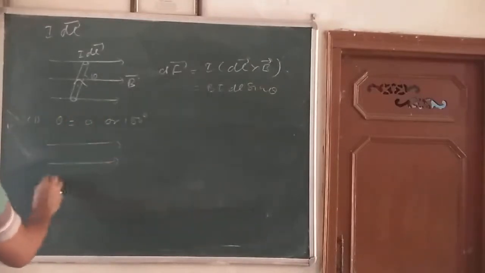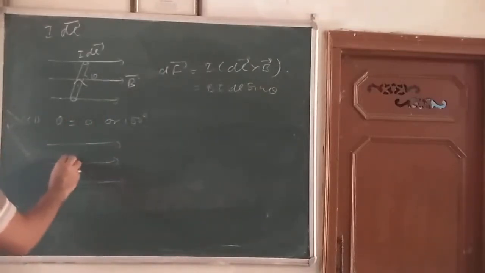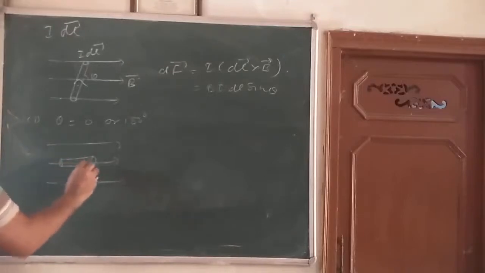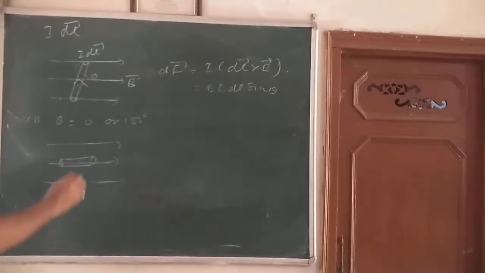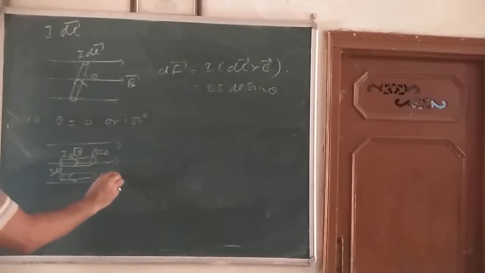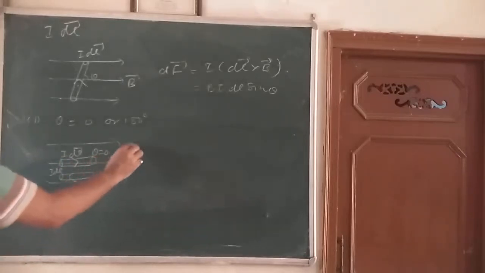Suppose your magnetic field is something like this. Here your current element I dl, where theta is equal to 0, and just opposite the direction, here I dl is this one, theta is equal to 180 degrees. उल्टा कर दिया यहाँ पर.